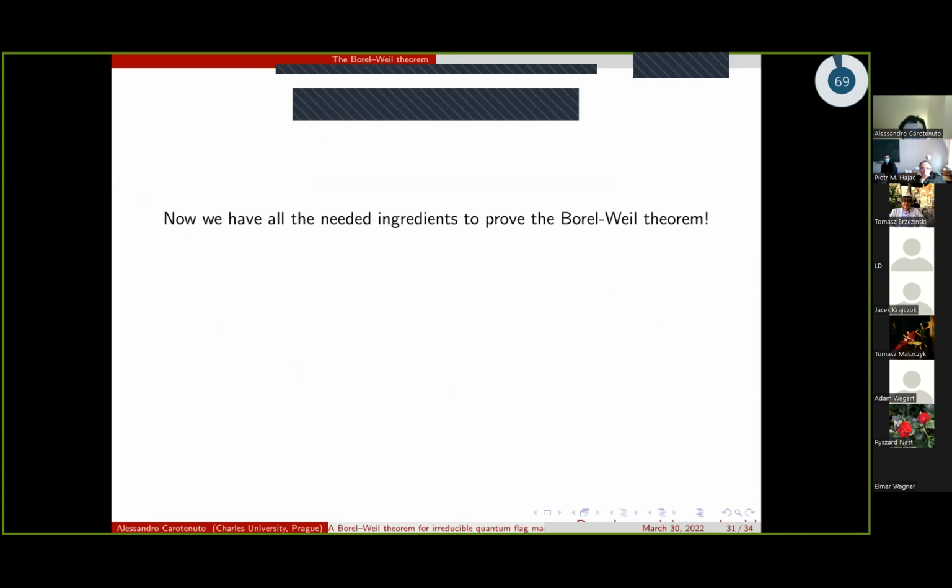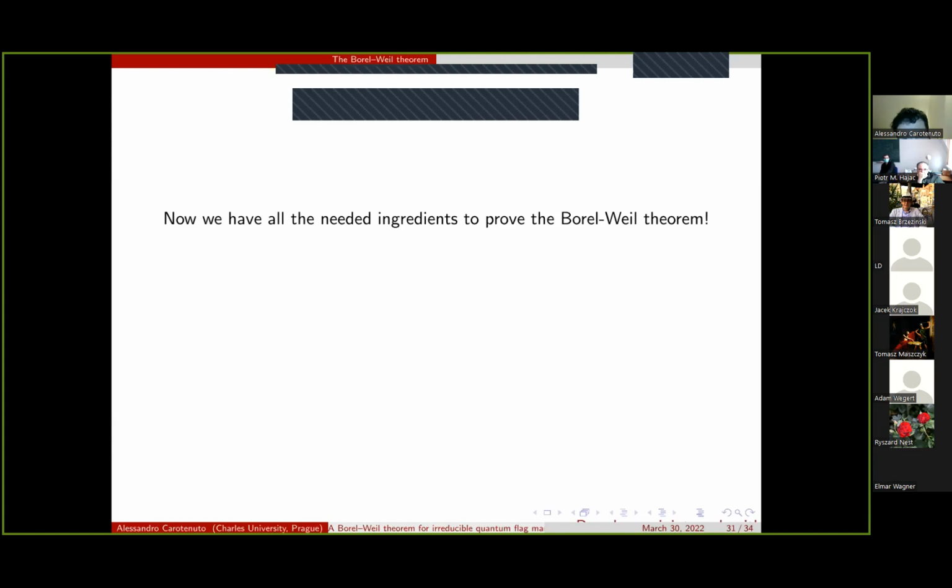Now we have all the needed ingredients to prove the Borel-Weil theorem. So we have the flag manifolds that I defined for you. We have the line bundles over the flag manifolds, which are the direct summands of the Poisson homogeneous space.